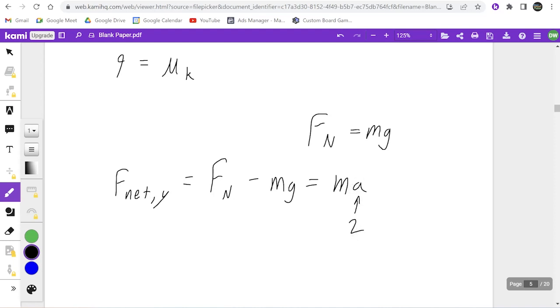Just kidding, it's actually 0. Why is it 0? Because the x acceleration was 2. The y acceleration, because this is F net y after all, that's 0. It's not going up or down. So that means add mg to both sides, and you'll get Fn equals mg, like I said it would.